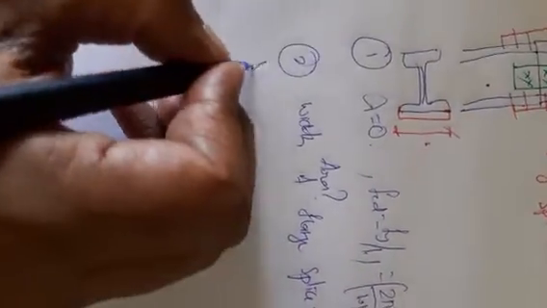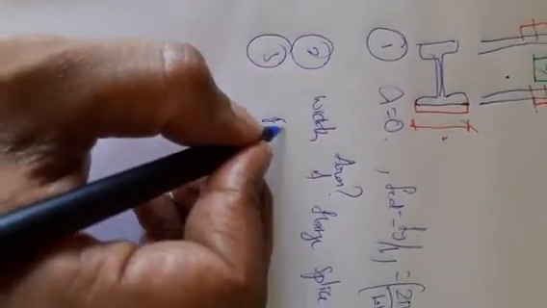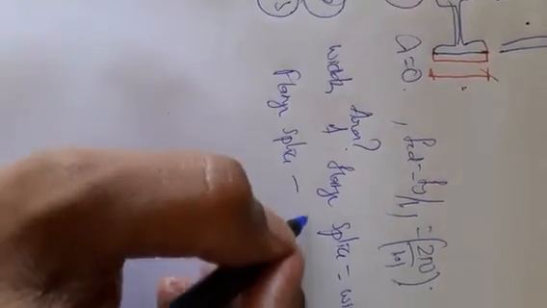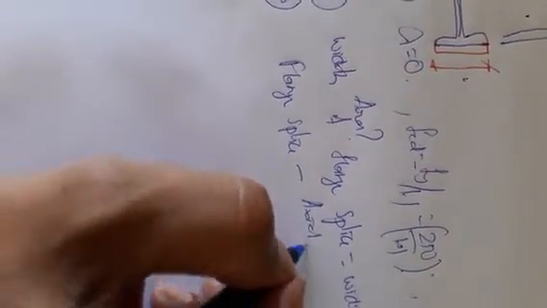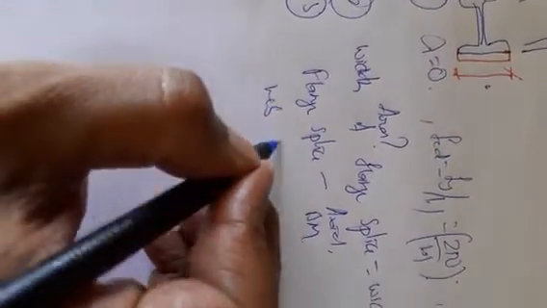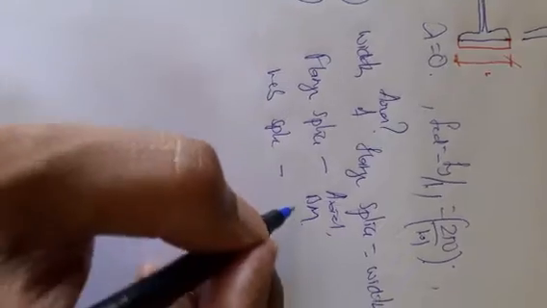Next, the flange splice has to take care of axial loads and bending moments. Similarly, the web splice is designed to take care of shear or horizontal force.